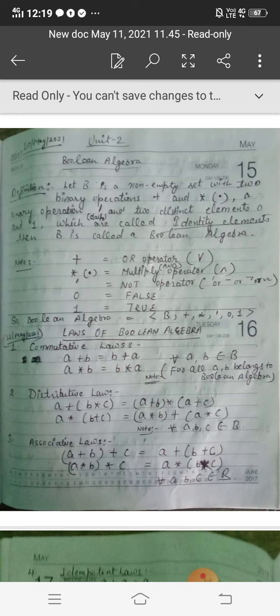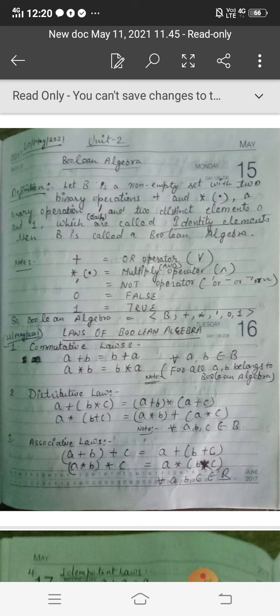The symbol, kindly note it down, means for all a, b belongs to capital B. Capital B means Boolean algebra, so all the alphabets we are using here belong to B. Commutative law means LHS is equal to RHS. We can interchange the alphabets: a plus b is equal to b plus a, a dot b is equal to b dot a.